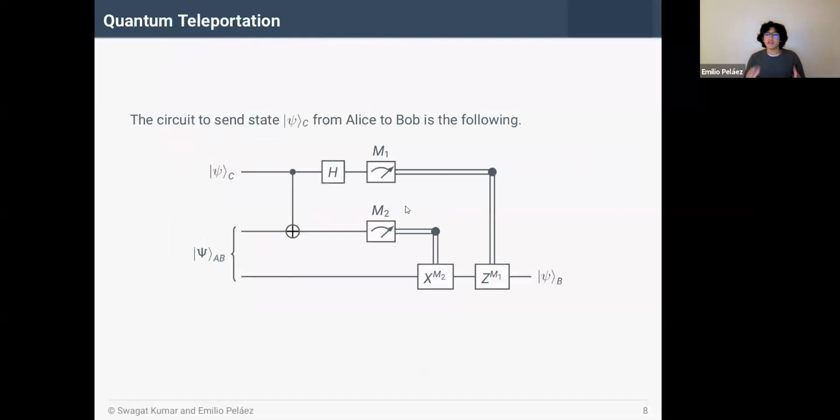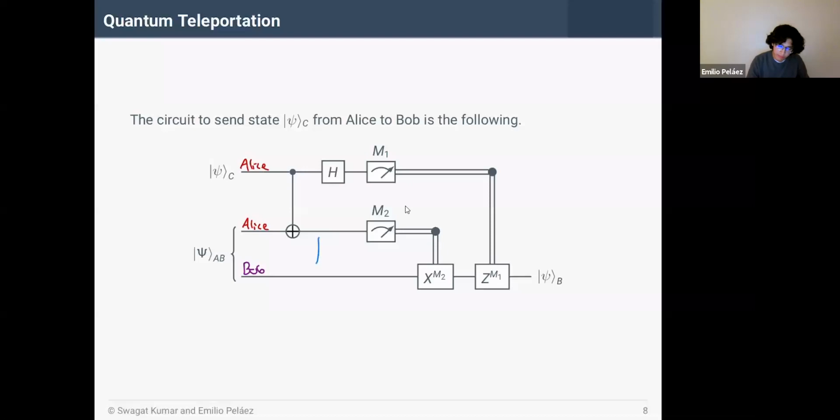The circuit that is going to allow us to teleport the state C to the qubit B that Bob has is this one. Let's analyze the circuit. As I said, this is from Alice, this is from Alice, and this is from Bob.